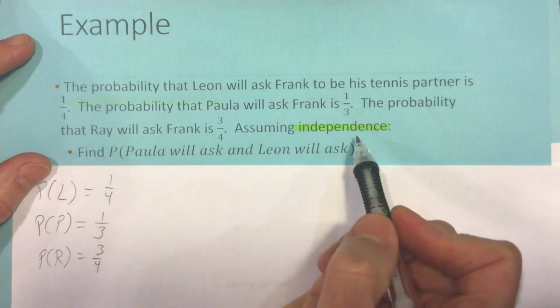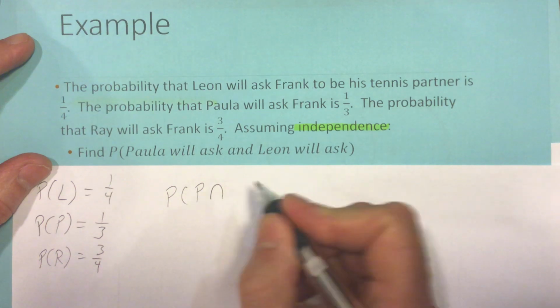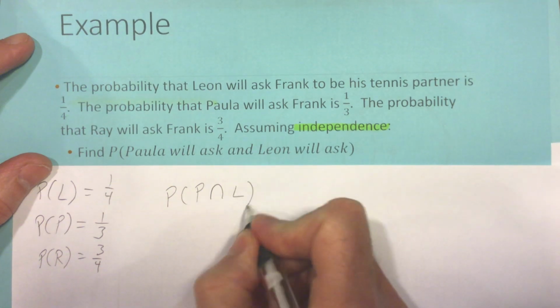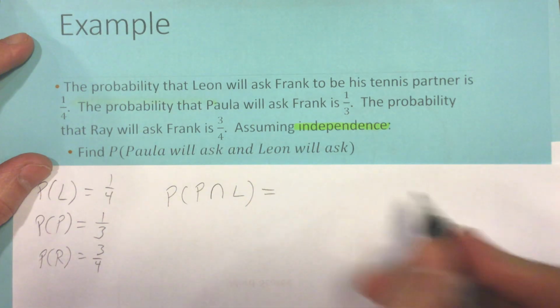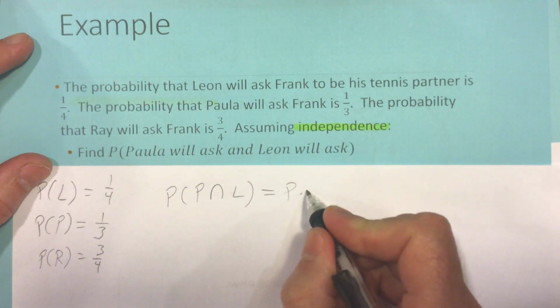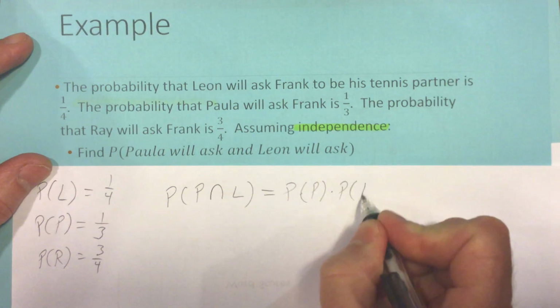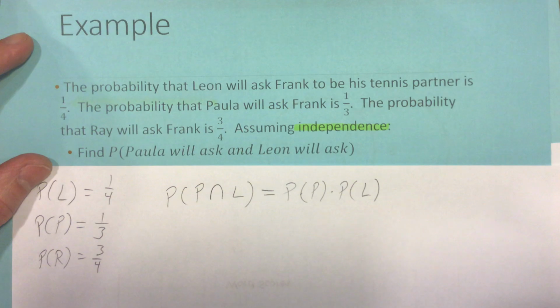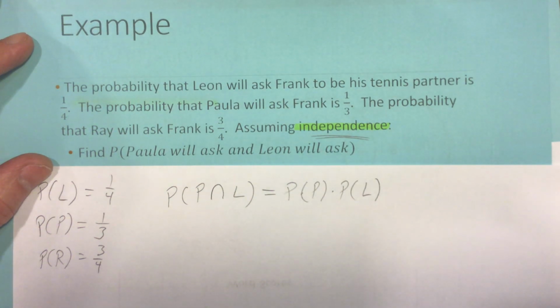Well, if I can assume independence, the probability of Paula and Leon both asking is simply the probability of Paula times the probability of Leon. And again, that's only because we said independence.